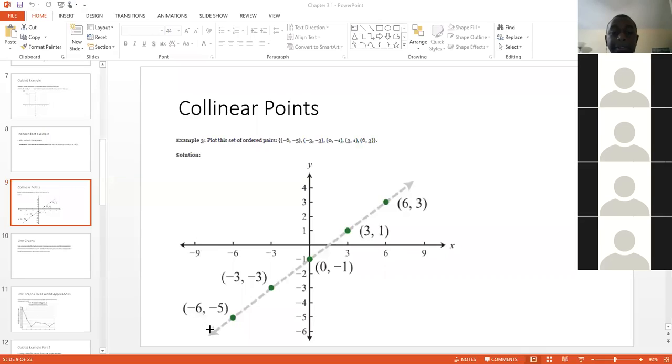I don't know. Okay. So remember whenever I was talking about co-workers, they all work for the same company. They're co-workers. So the points are collinear. They're all on the same line, collinear points.